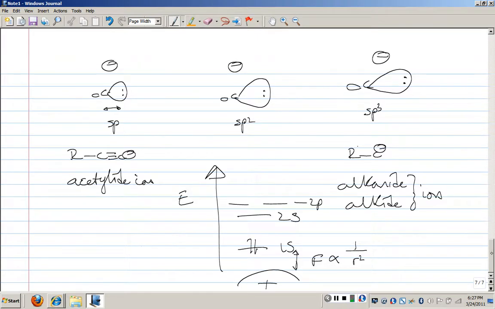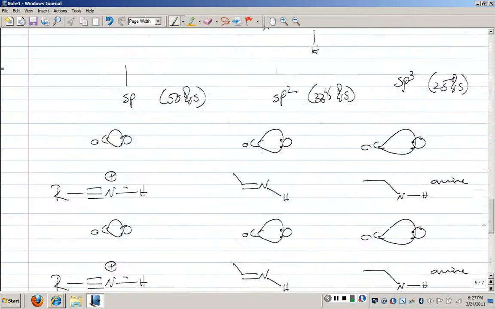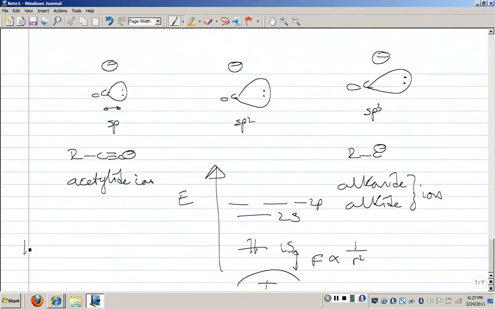And therefore, if HX is going to ionize to form H plus and X minus, and I compare HX and HY, forming H plus and Y minus, if X minus is very stable, then the equilibrium for the ionization of HX will lie far to the right.